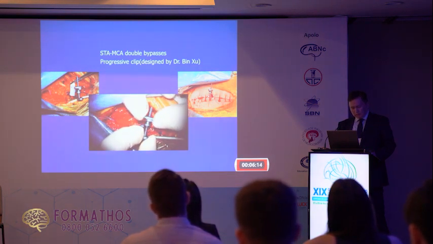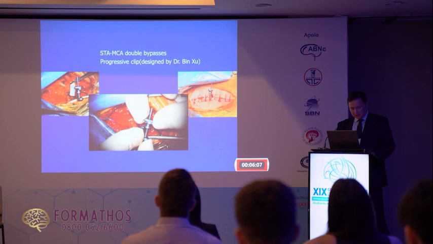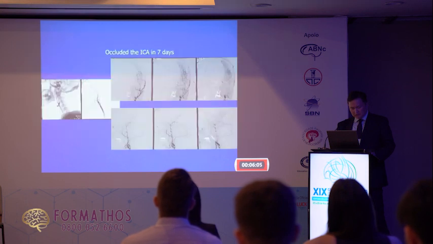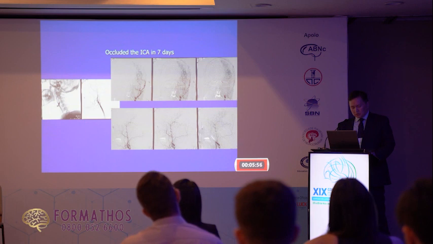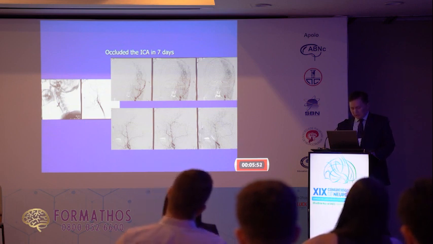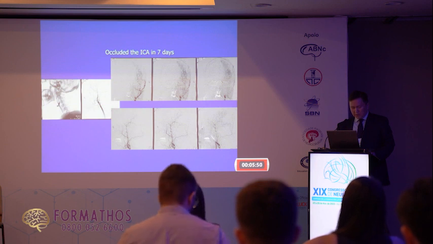You can see we narrowed the proximal ICA by around 70%, and after 1 week, we totally occluded the ICA. Now you can see the ICA was totally occluded. The both STA to MCA double bypasses were patent, and totally replaced the MCA territory.